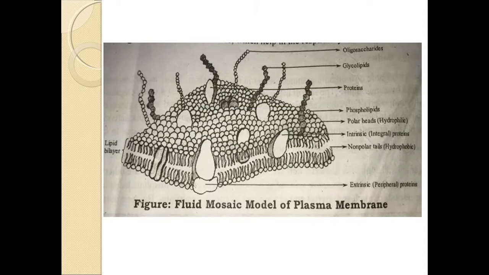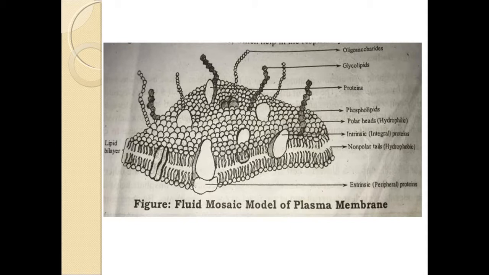This is the plasma membrane, the fluid mosaic model of the plasma membrane. The plasma membrane, we also call it the cytoplasmic membrane. The structure looks like this fluid mosaic model pattern in the diagram here.